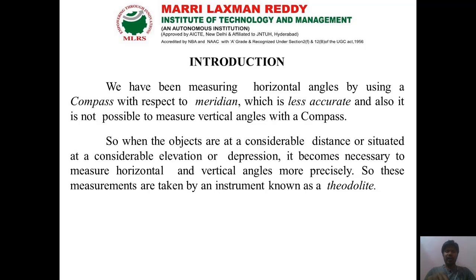Theodolite is an instrument to get both the horizontal angle as well as the vertical angle, and it is not affected by the magnetic field. Also, with the help of measurements, we can get the distance by doing indirect calculations.